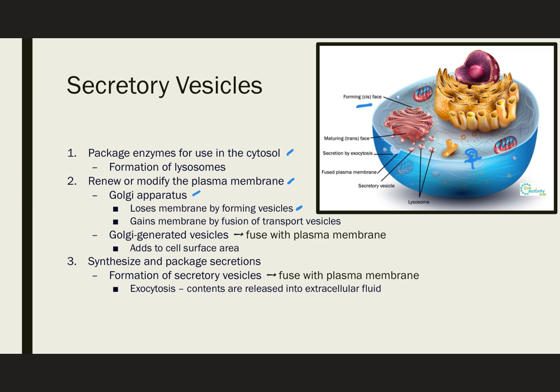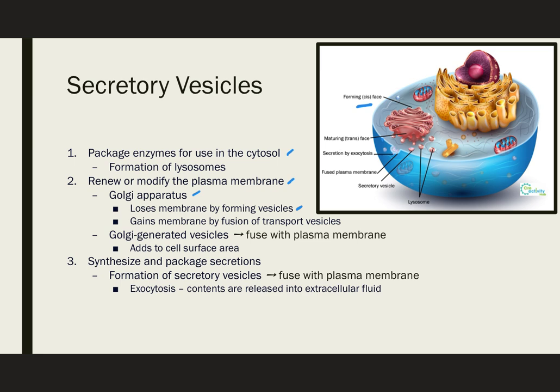So there is this balance of the membrane that's being added and the membrane that's being removed to form the vesicles that are going into the cell. Over time, this process can change the sensitivity and the function of the cell. In an actively secreting cell, the change can be rapid, and the entire plasma membrane may be replaced every hour.